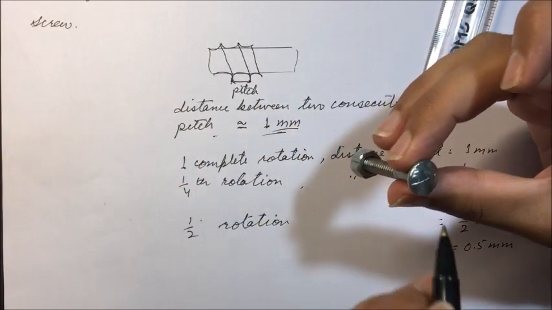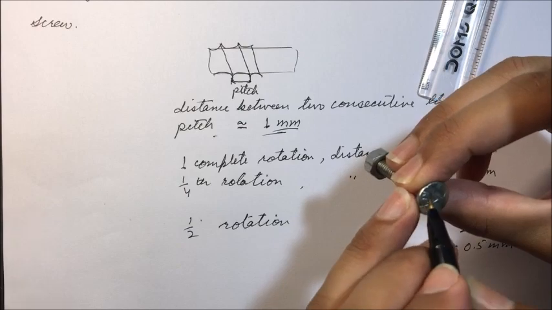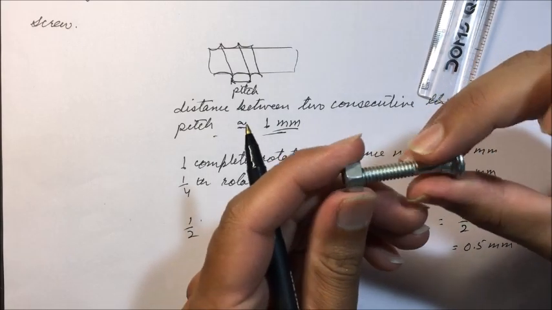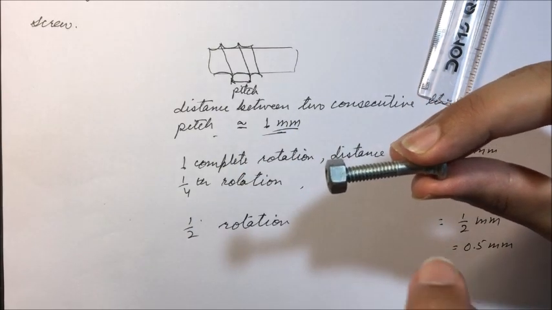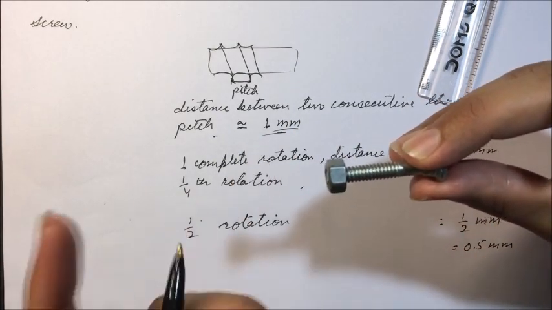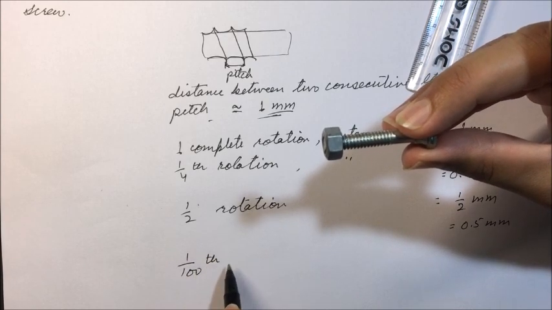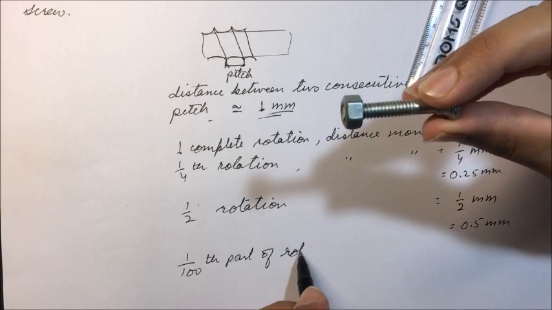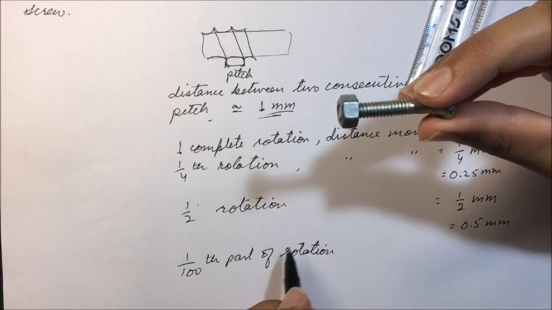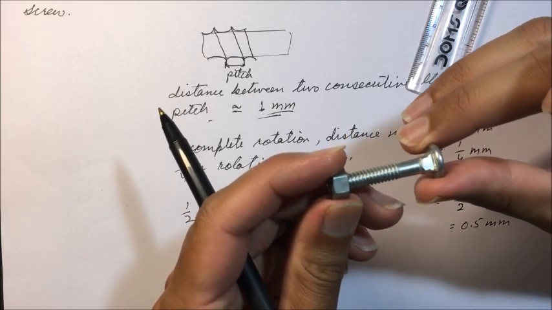Now for example, I have divided the head into 100 divisions. Now I am rotating only one division, that is the 100th part of one complete rotation. In one rotation it has moved 1 mm.